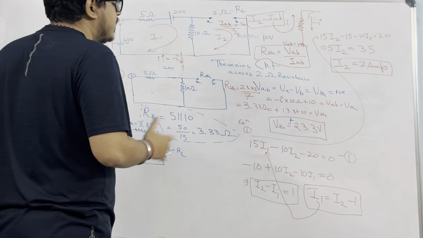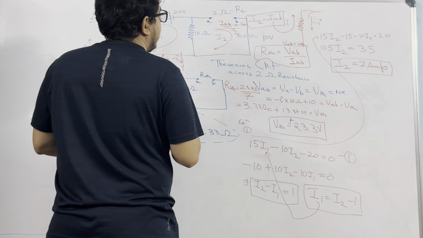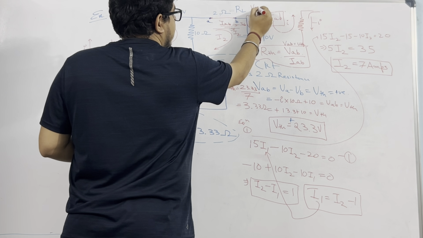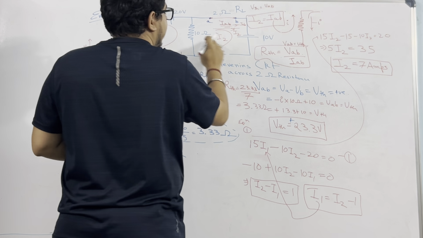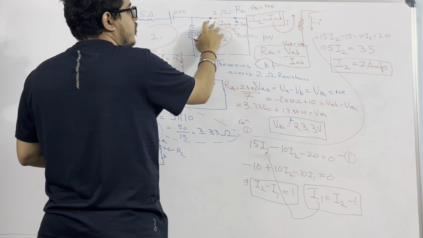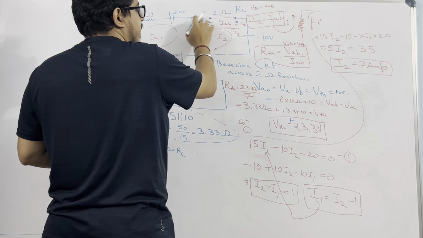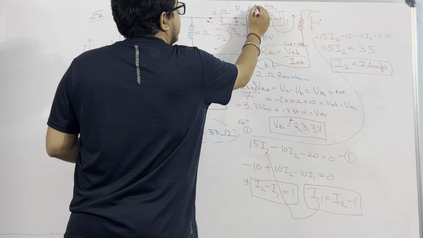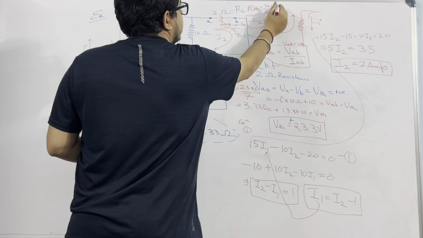Otherwise, if you know VTH equal to VAB, you can just make it a short circuit, also find what current is flowing from A to B, and divide to get RTH. Okay.